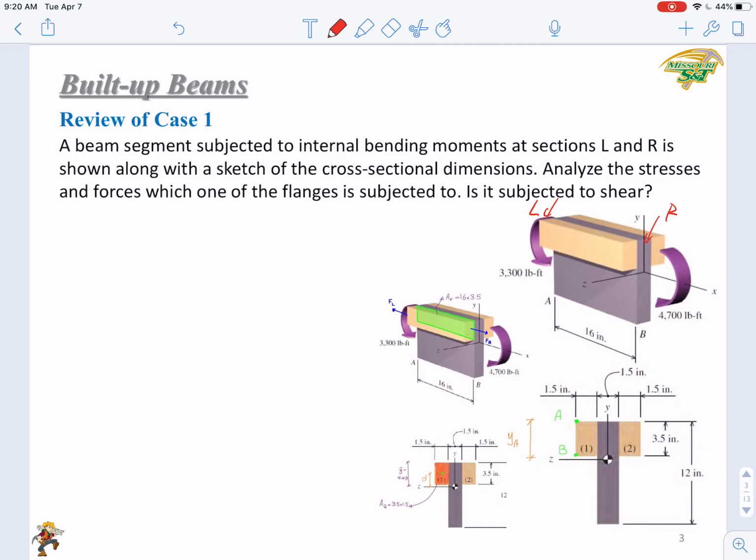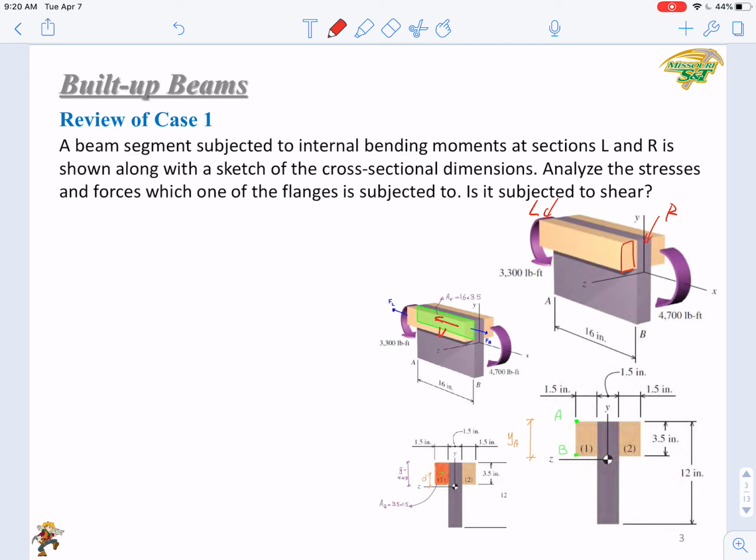We analyze the stresses and forces to which one of the flanges, this left flange, is subjected. Is it subjected to shear? This is what we will analyze. What is denoted by the green color here is the interface. As we analyze, on the interface you will have a shear pointing left.